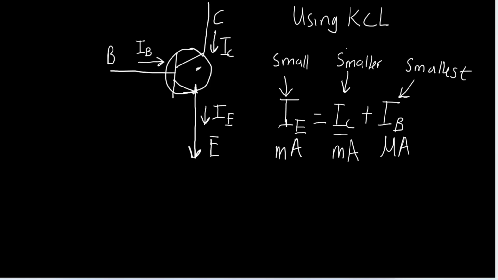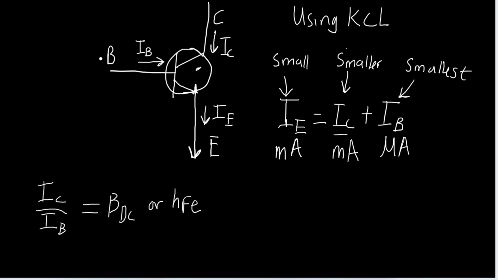Now, another relationship that we'll be looking at, still on the current, is their ratio. The ratio of IC to IB is given to us as what? Beta DC. Or if you choose to represent it in another manner, you say HFE.